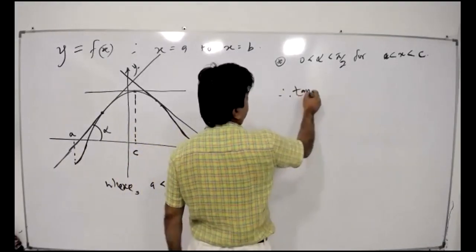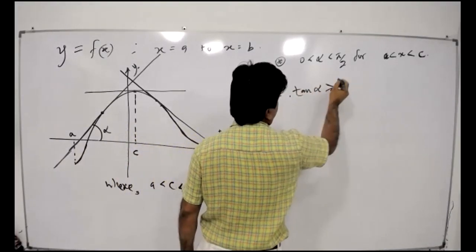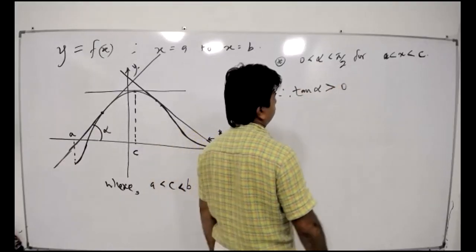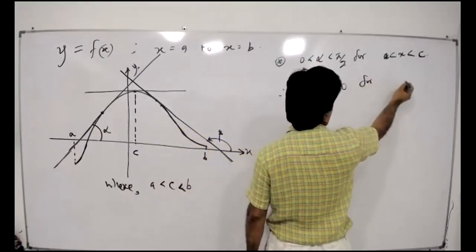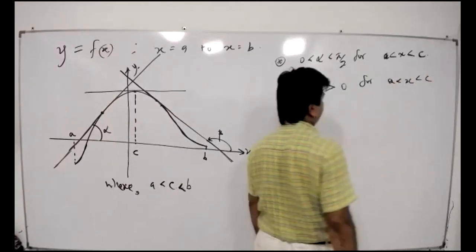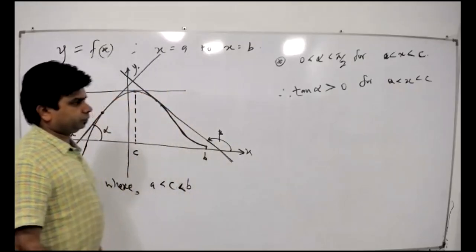Therefore, tan alpha is positive for x from a to c.